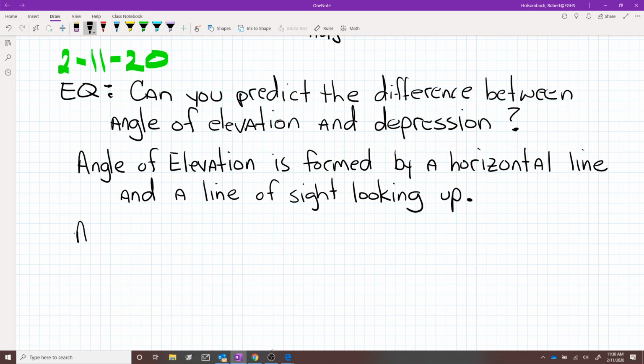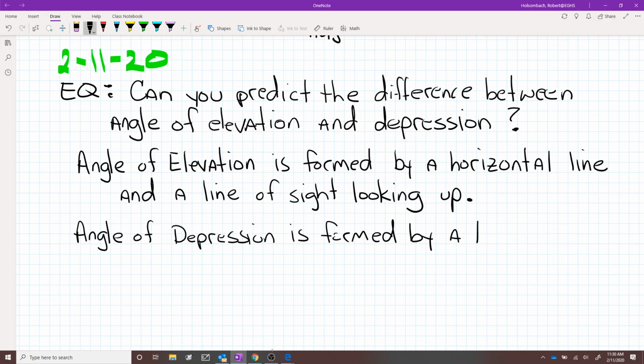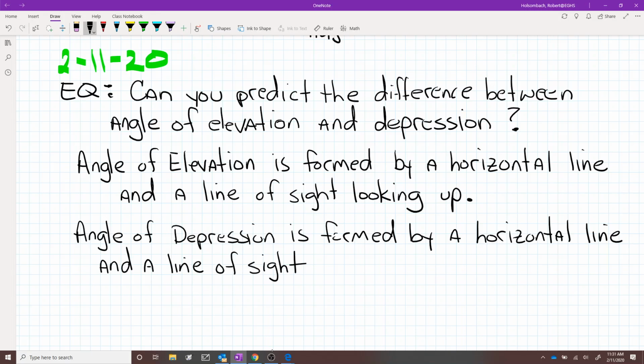So that means that angle of depression is formed by a horizontal line and a line of sight looking down.